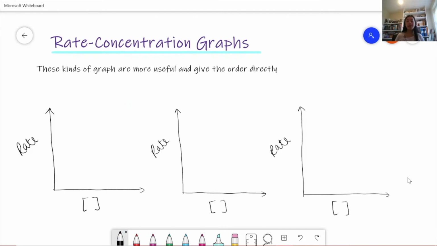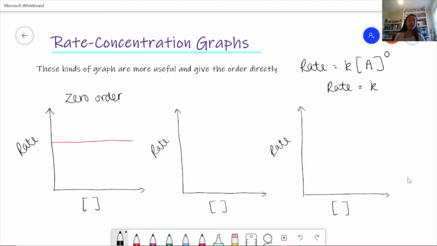Another type of graph that we can get is a rate concentration graph. And these kinds of graphs are much more useful, and we can see the order directly. So if we have a graph that looks like this, this is a zero order, because we know from a rate equation, so for example, if we had rate equal to k multiplied by the concentration of A, and the order with respect to A is 0, then that means we have rate equals k.